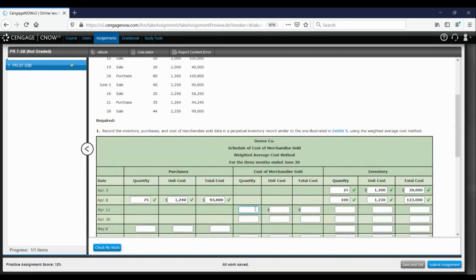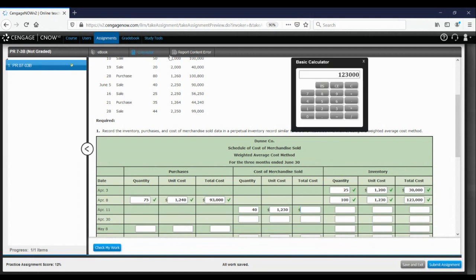All 40 of those units have to come from the weighted average on April the 8th, which was 1230. To find the total cost of goods sold, what we would do is we would take our 40 units and multiply them by 1230.